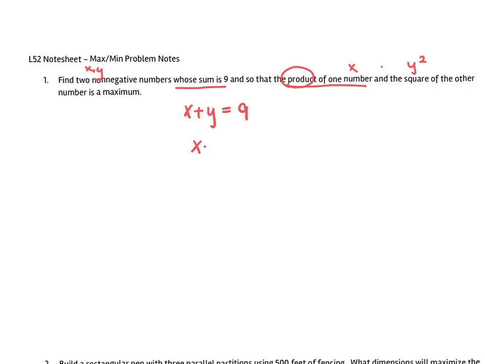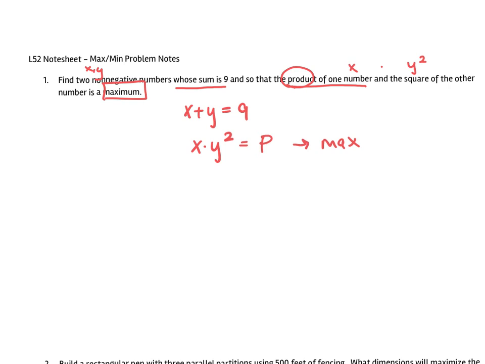So I have x times y squared. It doesn't say what that equals, so I'm going to call it P for product. And what we want here is to maximize this. So we want the maximum product possible.